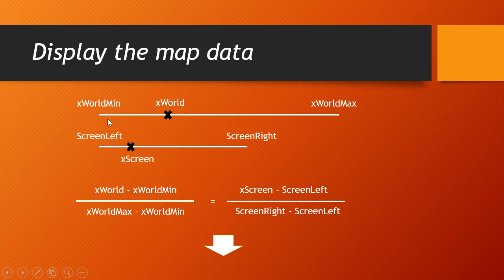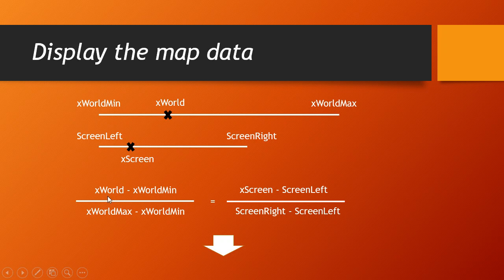Because I think you can understand our longitude and latitude coordinate system is a linear system in both the longitude and the latitude direction. And of course, our screen on the x direction and the y direction, they are all linear systems.